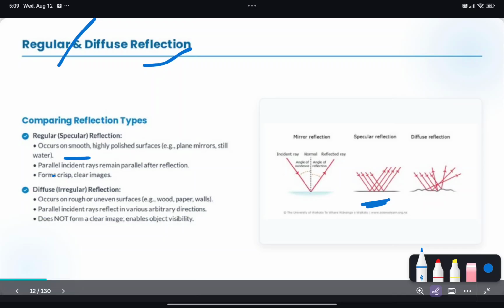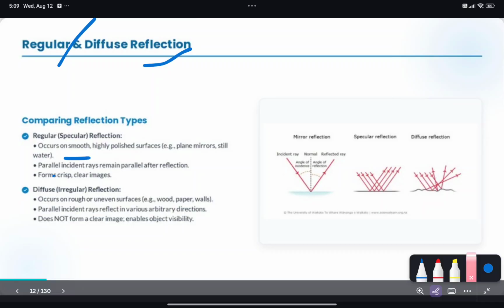This is the diagram for regular reflection. See how regular reflection takes place here on a smooth surface. Are the rays parallel to one another or not?